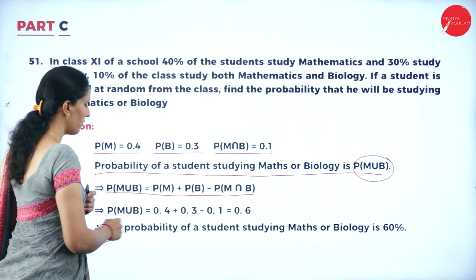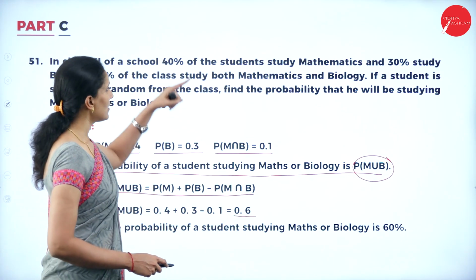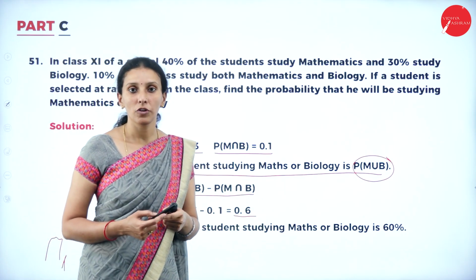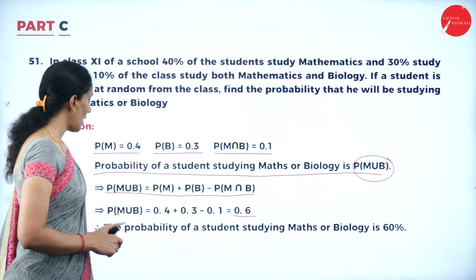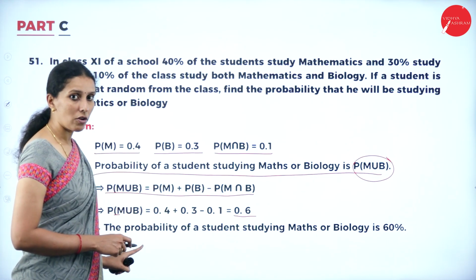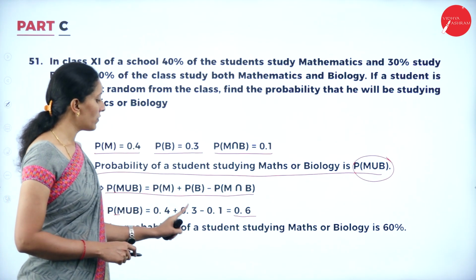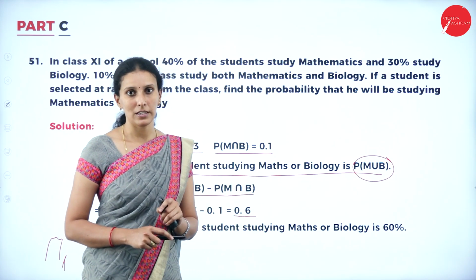Using this formula, we can calculate probability of M union B is 0.6. Since the question is given in terms of percentage, let us express the answer in terms of percentage. So 0.6 means 60%. Therefore, conclude the statements always whenever a statement problem is given. Hence, the probability of a student studying maths or biology is 60%.